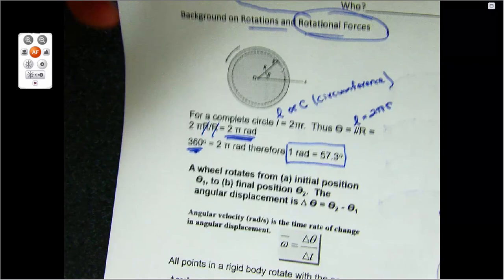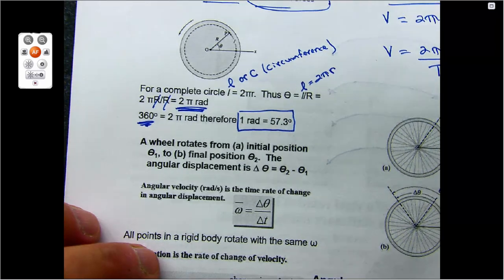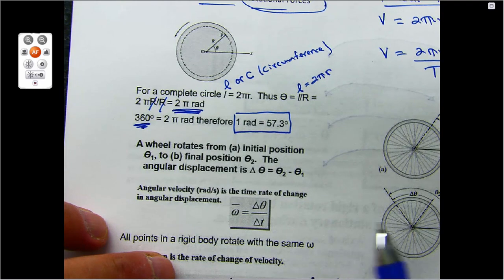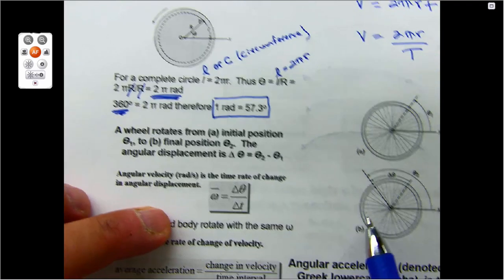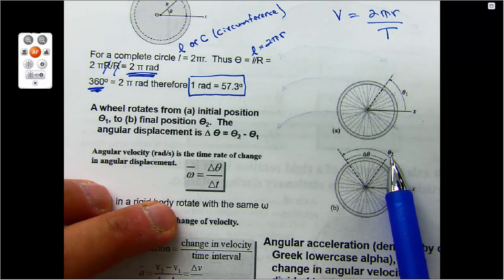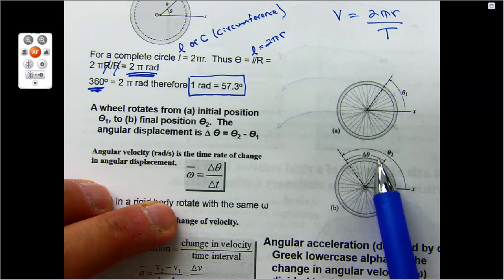So if I go back to the beginning here to page 1, this is just saying that we would have theta 1 and theta 2. We have some change in theta along this arc, right?